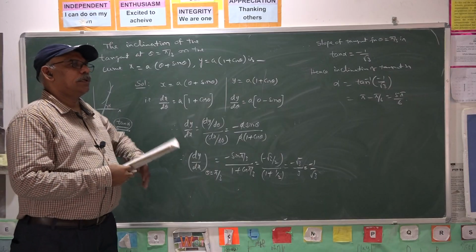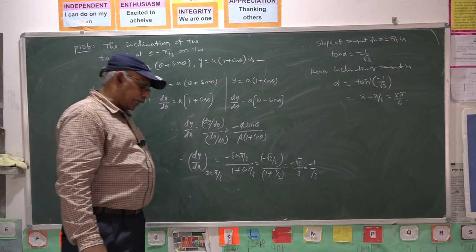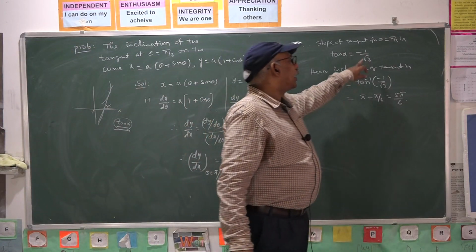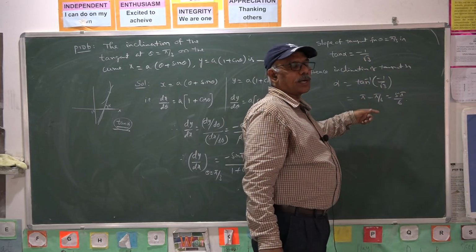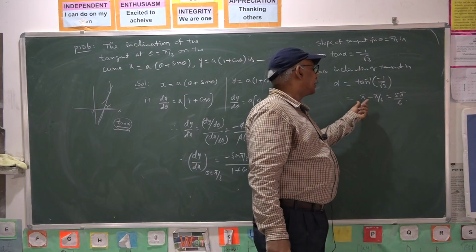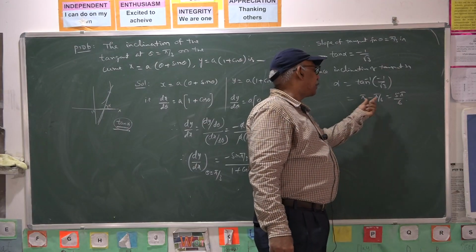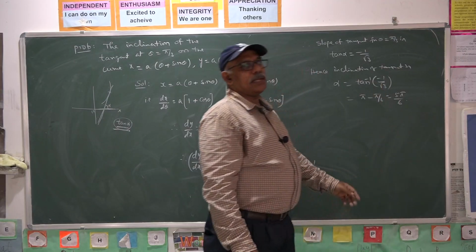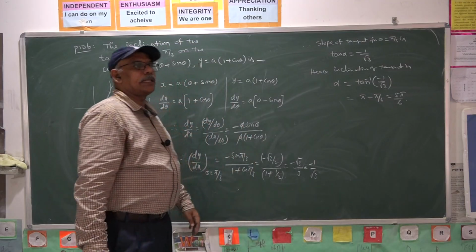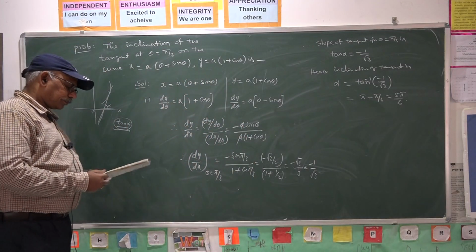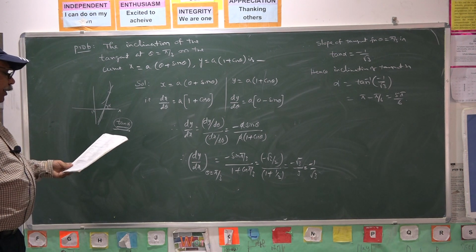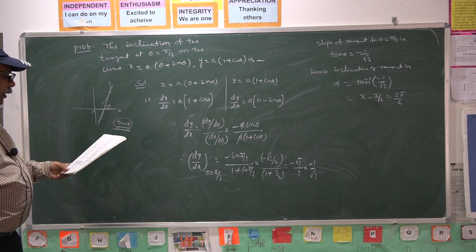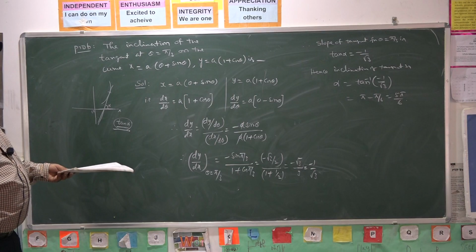Hence, since tan value is negative, you have to consider the angle in the second quadrant. The second quadrant angle which is less than pi is pi minus pi by 6, because tan pi by 6, tan 30 is 1 by root 3. The required inclination of the tangent at theta equal to pi by 3 is 5 pi by 6.